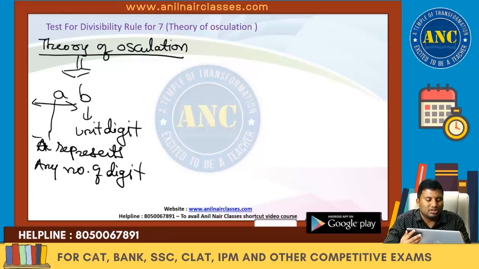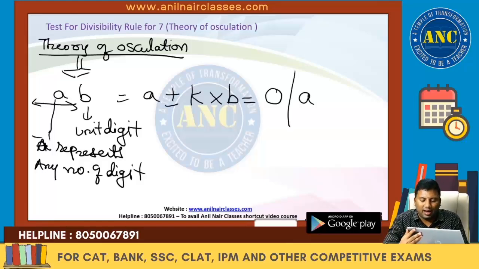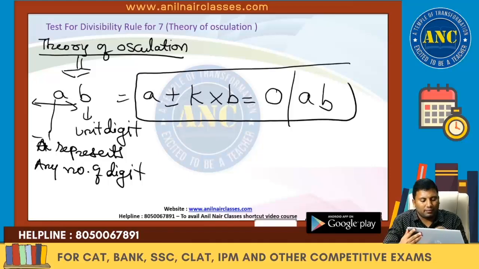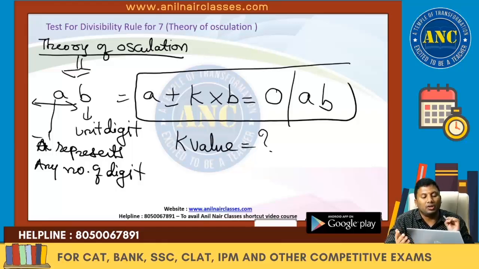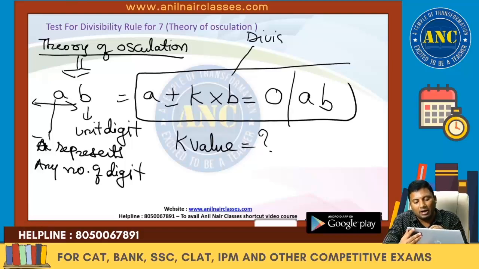If you can find the value of k satisfying this equation, then you can find the divisibility rule for any prime number.